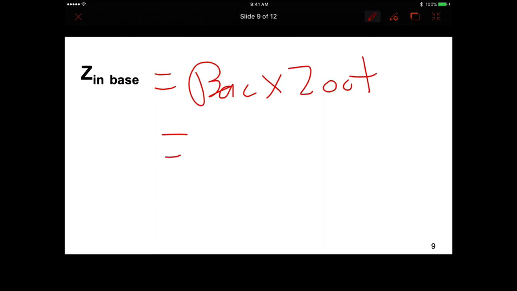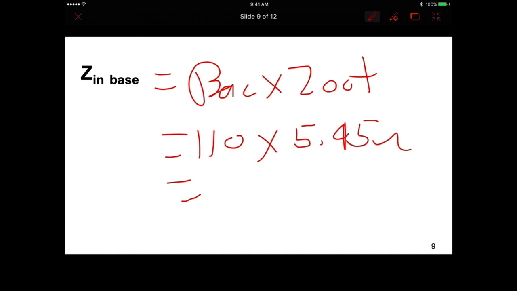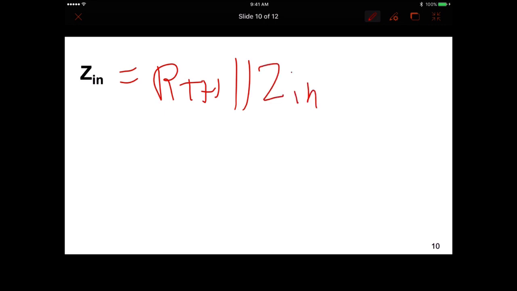Let's set beta AC equal to 110 times Z out, 5.45. Z in base equals 600 ohms, and Z in equals RTH in parallel with Z in base.